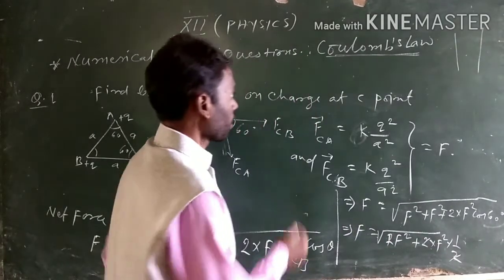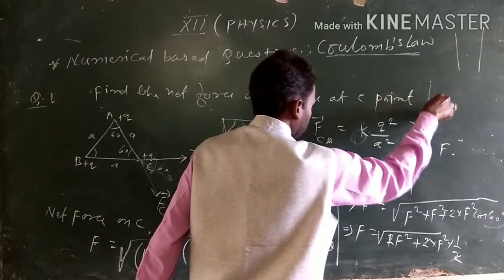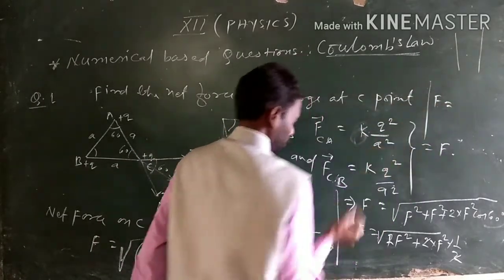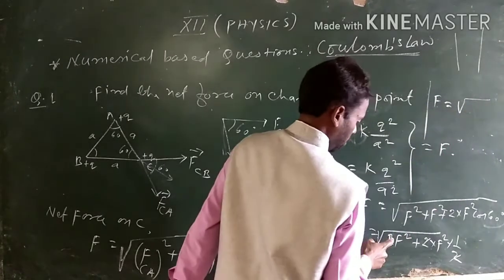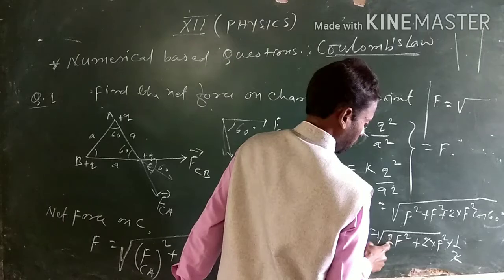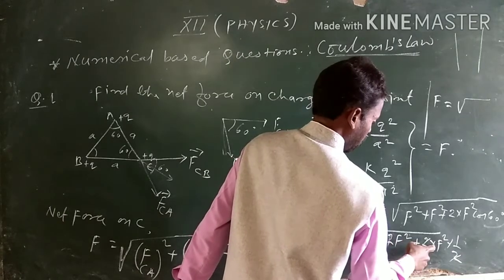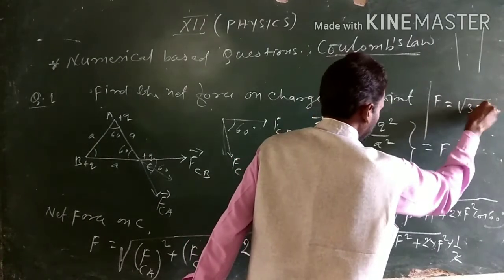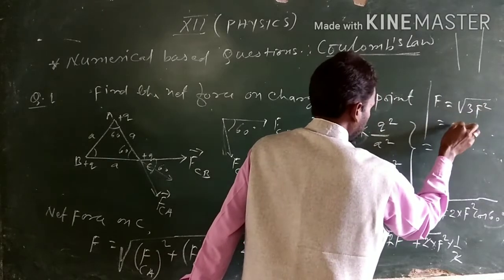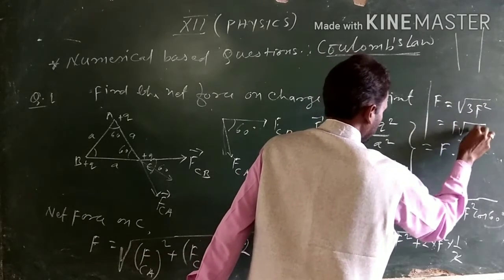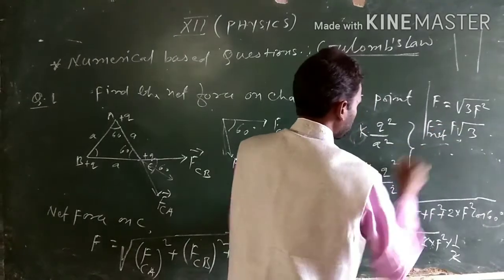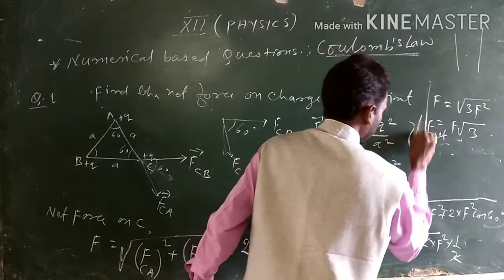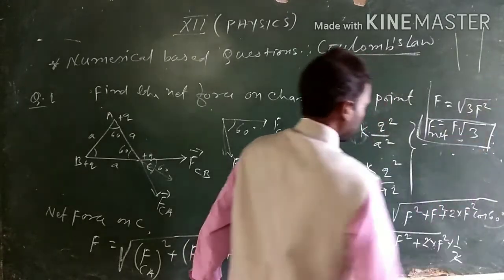Then our final answer: F equals root over 2F squared plus 1F squared, that is 3F squared. F is common, so root 3 F. This is the net force at point C. This is the answer.